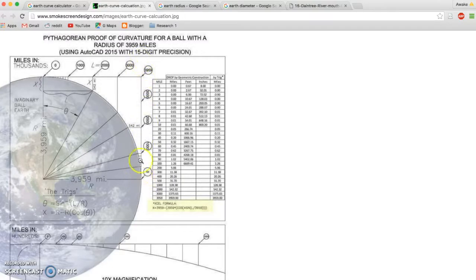This has to equal itself right here. So you can sort of browse through here. You can see that at 100 miles, you're at 6,669 feet already of curvature.